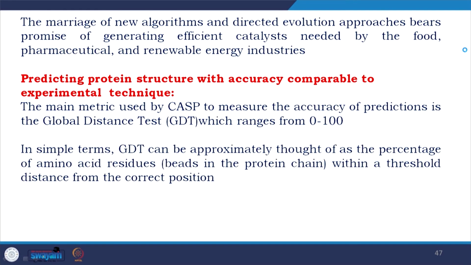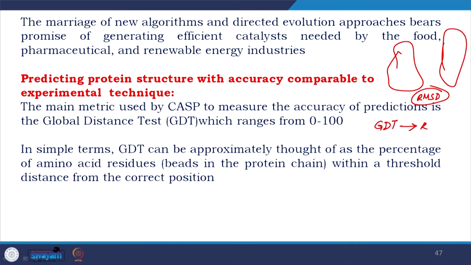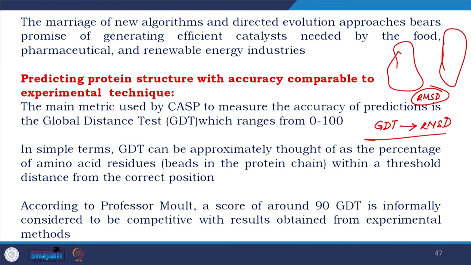In simple terms, GDT can be approximately thought of as the percentage of amino acid residues within a threshold distance from the correct position. So, remember, when we compare between two proteins, we use RMSD. The GDT could be correlated or comparable to RMSD.